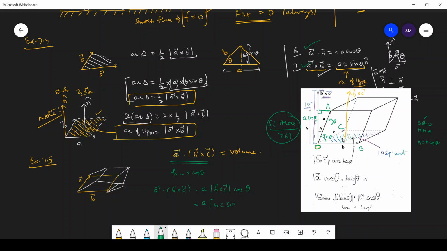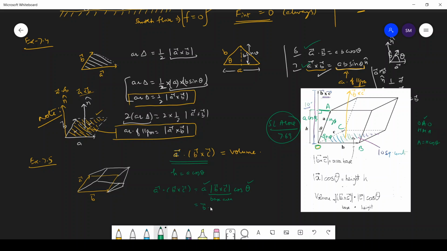But do we need to calculate it? We don't need this, students, actually. We can simply know that this A cos theta is the height and this is the base area, right? B cross C is the base area.